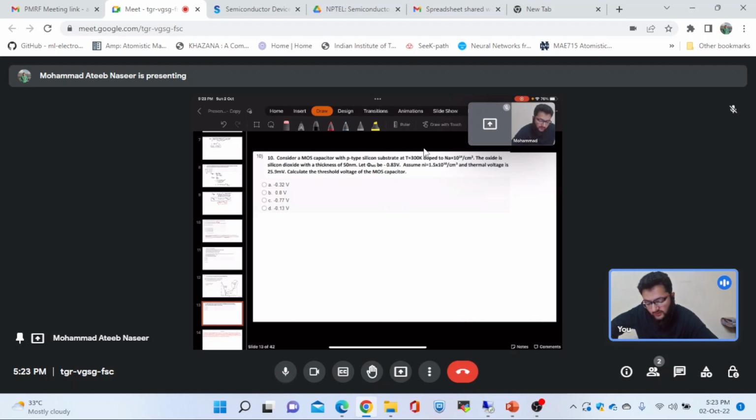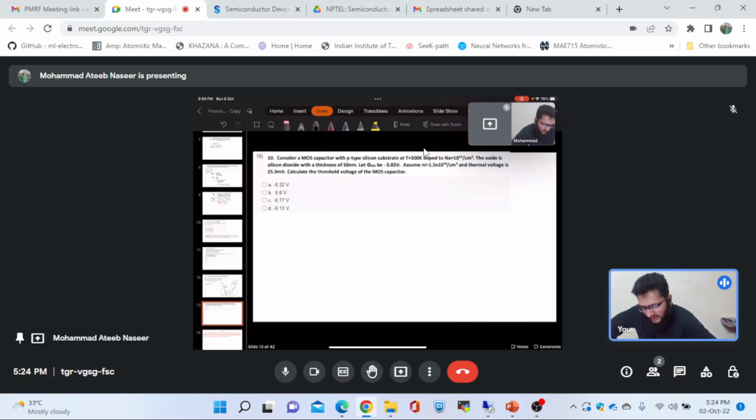Remember, this temperature is important for the thermal voltage calculations. If it had been some different temperature, we would have calculated the thermal voltage at that particular temperature. Since it's 300 Kelvin, we know it is 25.9 millivolts, and it has been given over here as well.